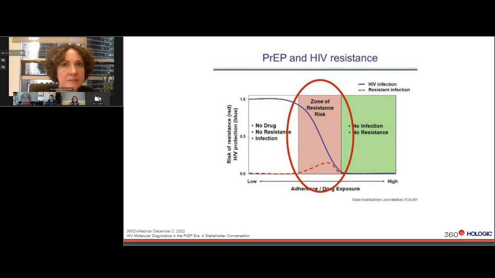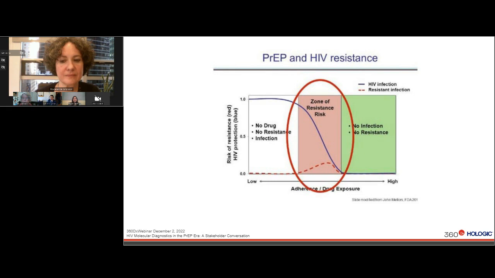This group can experience infection, and typically resistance is not common in this group simply because most have times where they miss PrEP and have the unfortunate possibility of getting infected then.